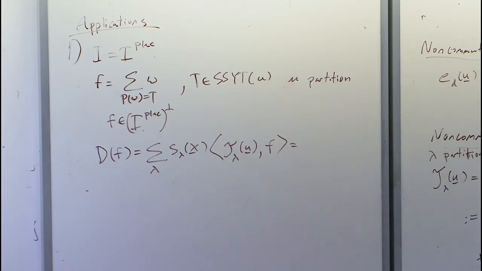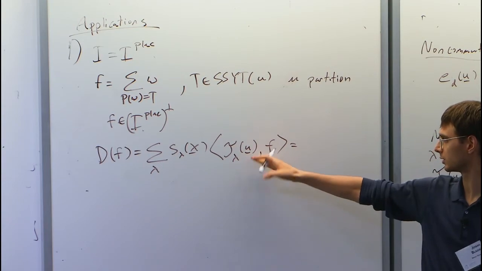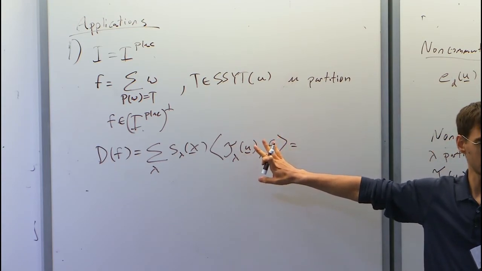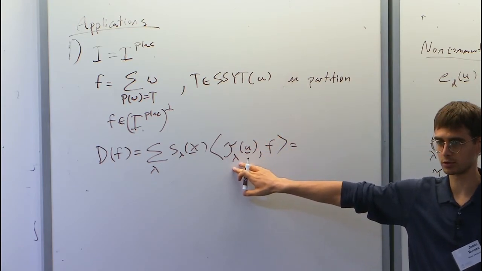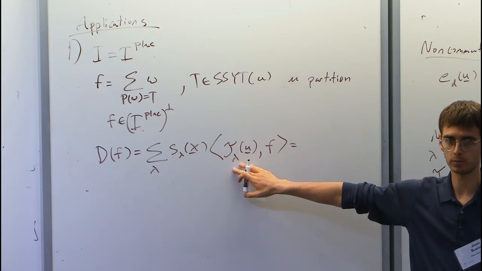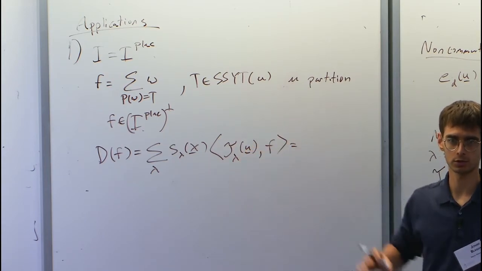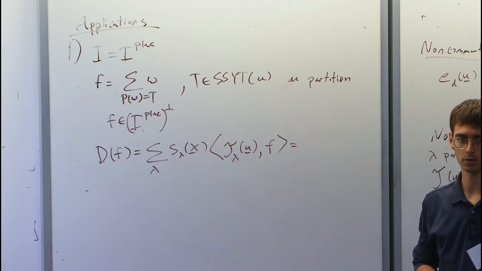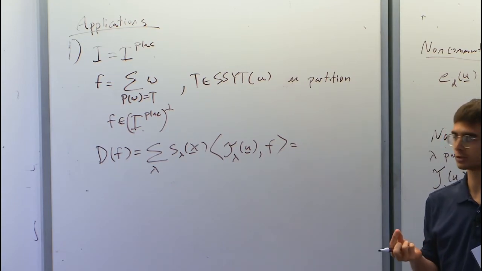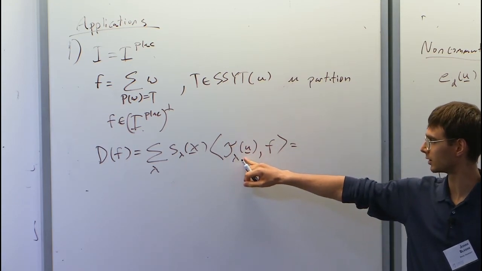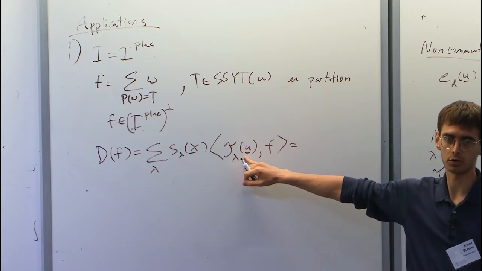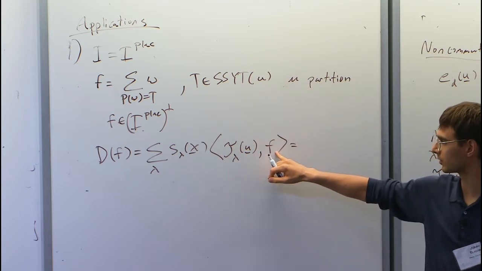So I'm using these two theorems here to compute this. And now what is this inner product? Well, it looks sort of weird, but on the left it's just going to be some sum of words in some set. So the coefficients of all the monomials here are just 0 or 1. And same thing for F.